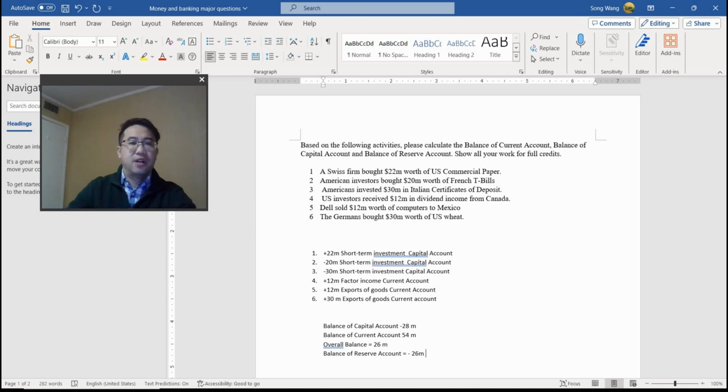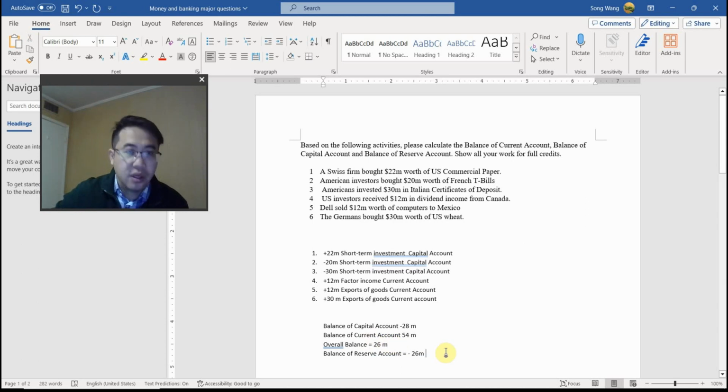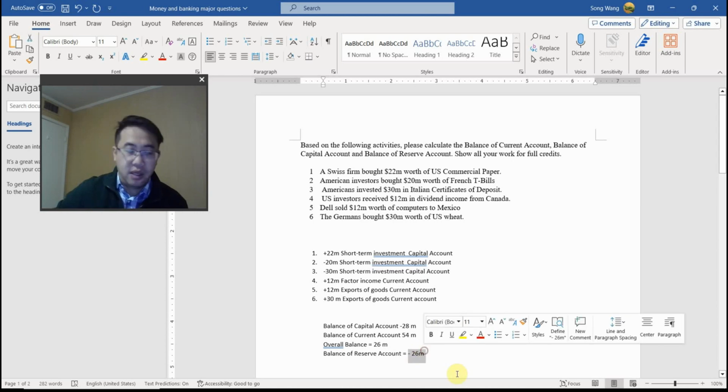So what happens there is Americans made money. You can see the overall balance is 26 mil, so they should have received it as net receivers of money in the amount of 26 mil. And after they receive the money, they are going to spend this money to buy gold or reserves like the SDR and all these foreign assets.